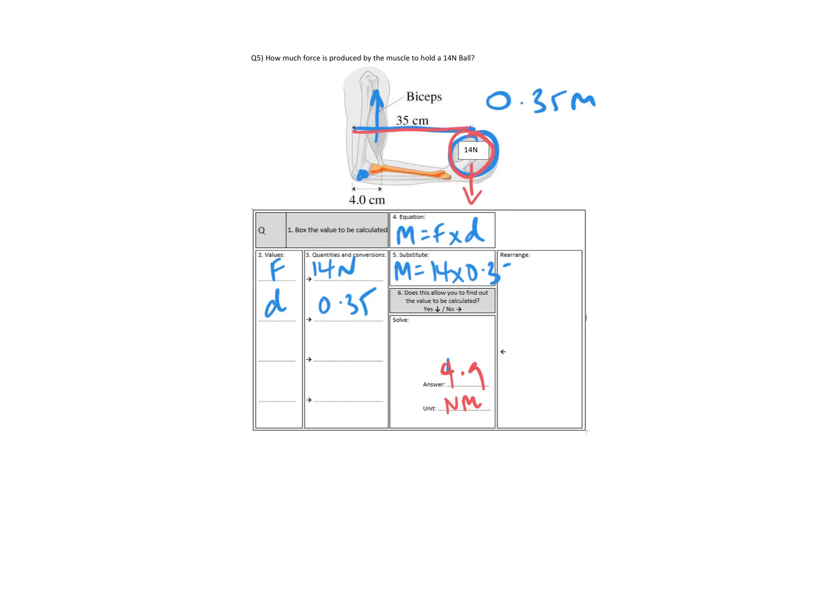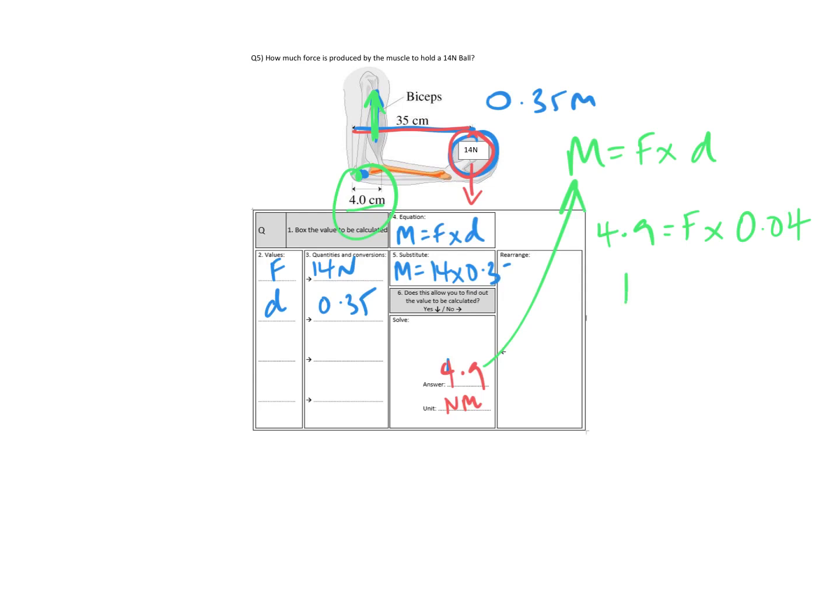What we're looking for is the force caused on the bicep. So we know that moment is force times perpendicular distance, but now we know the moment, which is 4.9. We want to find the force, and we know that the distance away is 4 centimetres, so that's 0.04 metres.